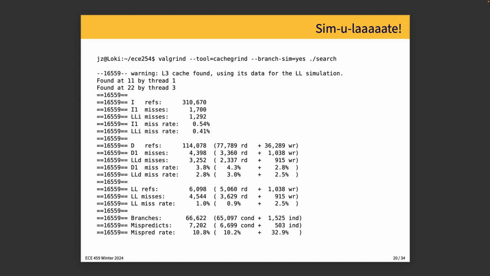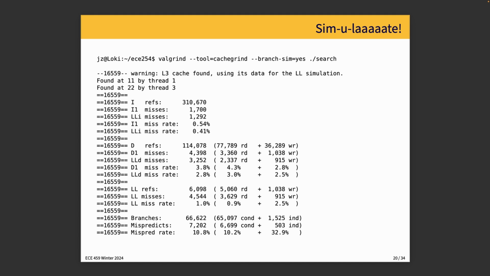In this program, a simple toy example, there's actually not a lot of instructions to execute. There's 310,670 instruction references, and we missed in cache 1,700 times, and we missed in the last level of cache 1,292 times. So you can easily calculate the miss rate every time we had to go to memory to fetch an instruction.